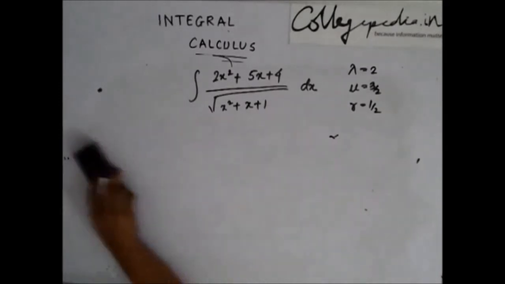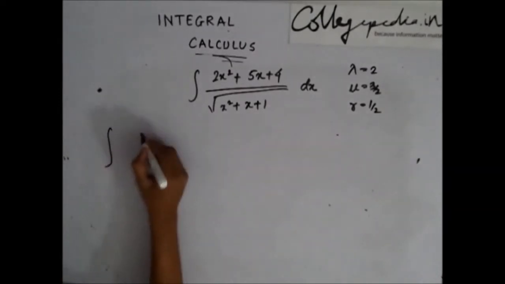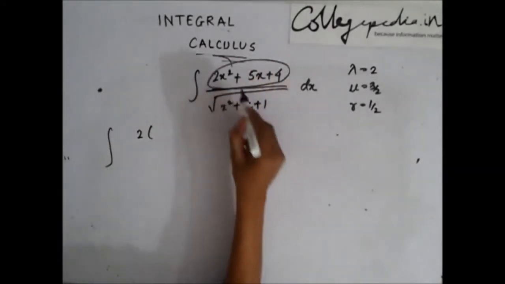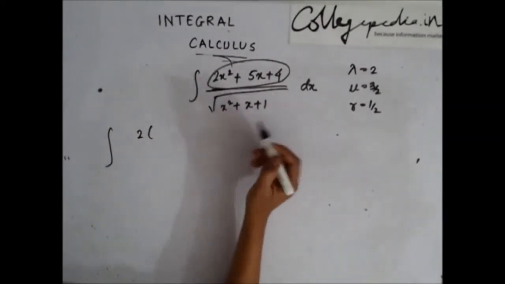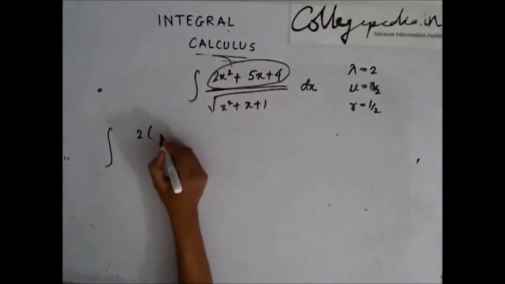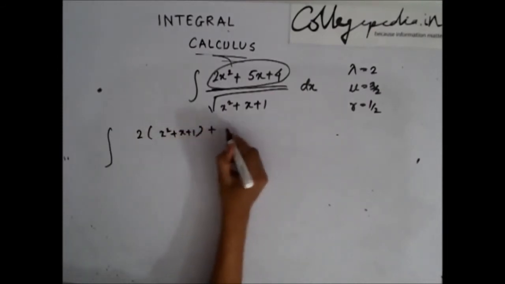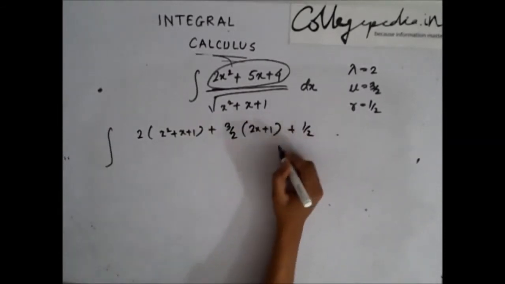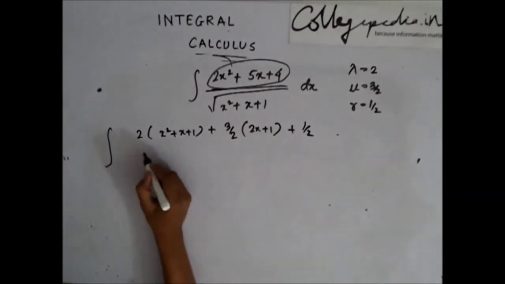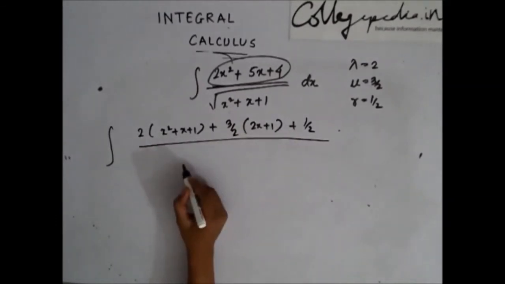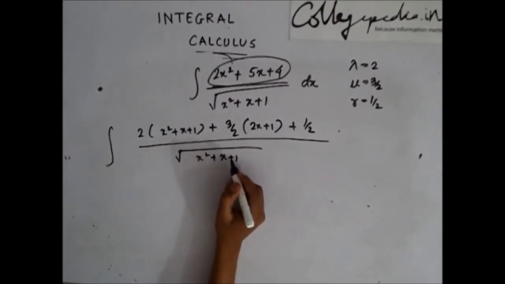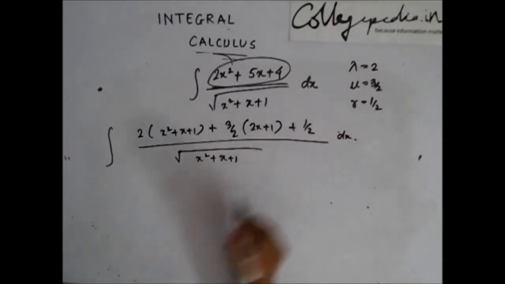Okay. So now you can write the integration in this form. I can replace this with lambda times this plus mu times derivative of this plus gamma. So I can write the numerator as 2 times x square plus x plus 1 plus 3 by 2 times 2x plus 1 plus half, divided by x square plus x plus 1, dx.